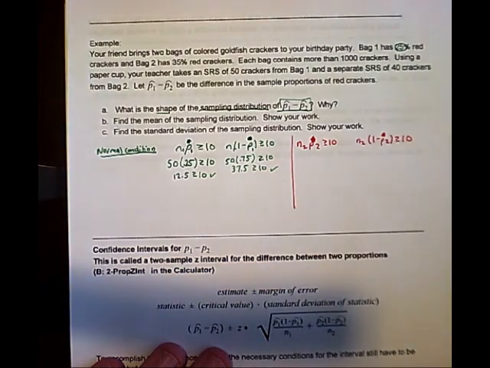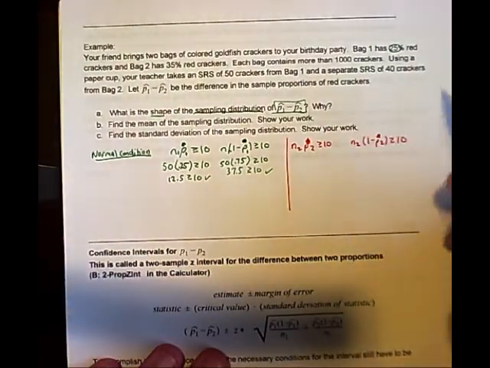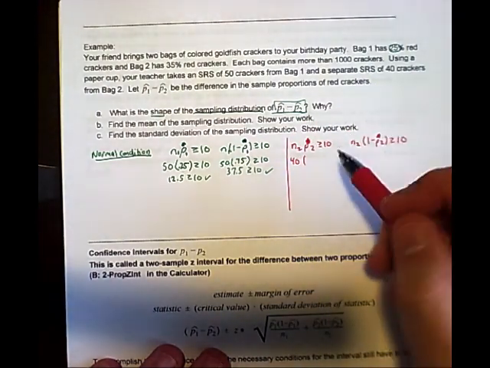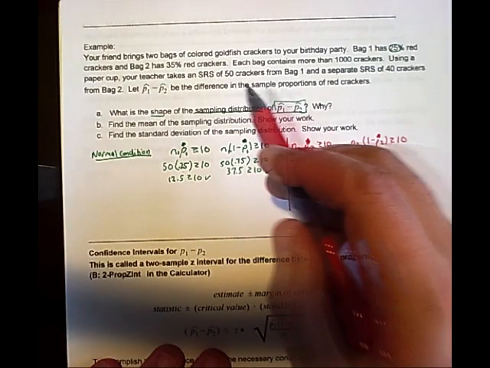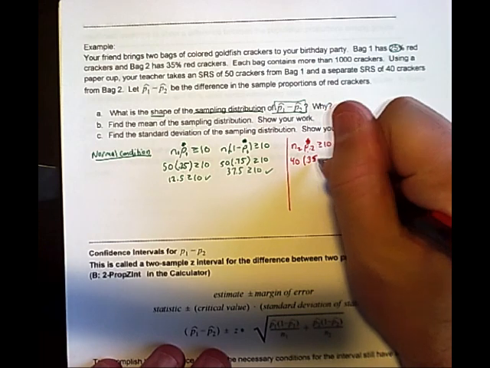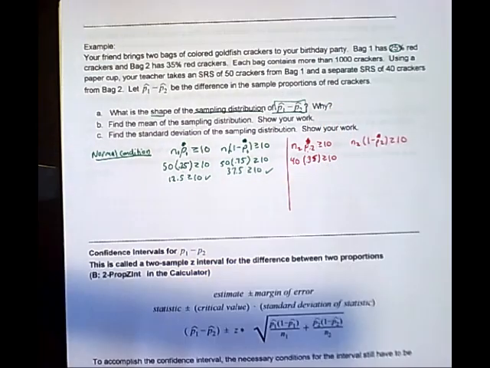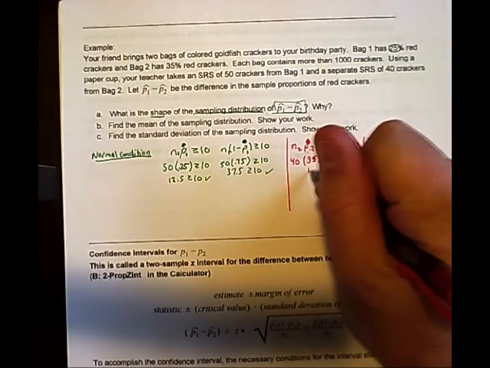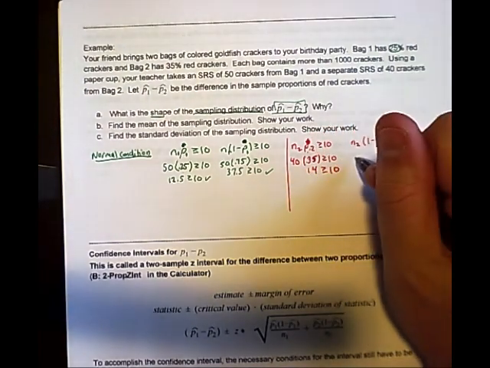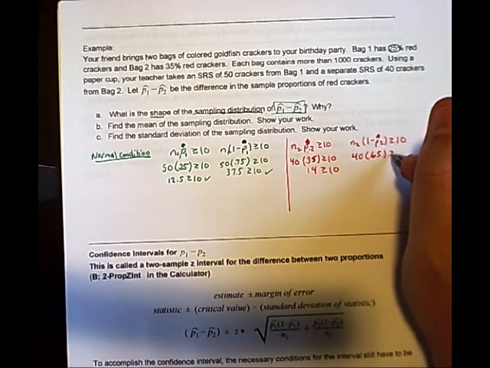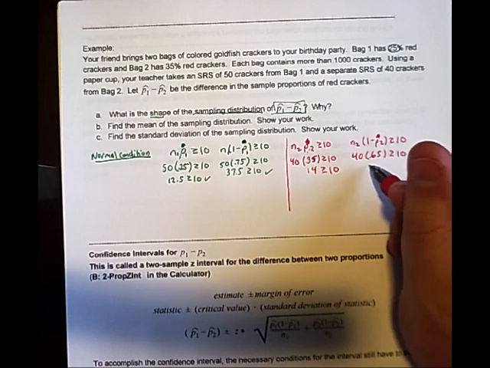The second group also has to meet that condition. All right. In the second bag, there's 40 crackers. And the proportion of red crackers in bag 2 is 35%. All right. 35% of 40, 30% would be 12. Add back 2, so that'd be 14. And this would be 40 times 65%, and that would be, what, 26?